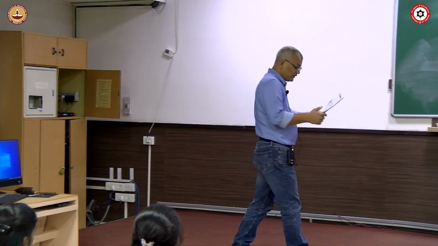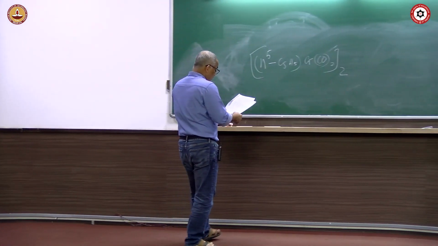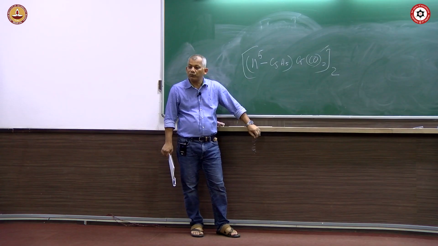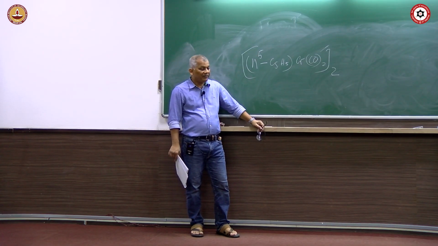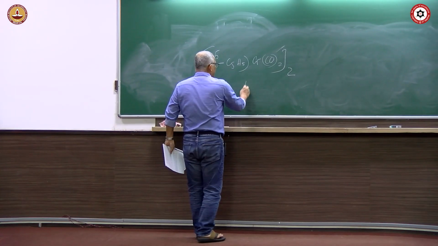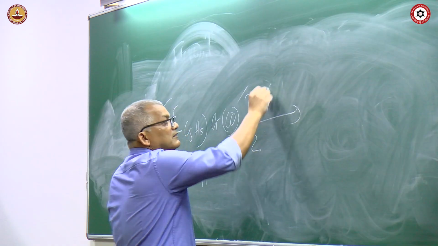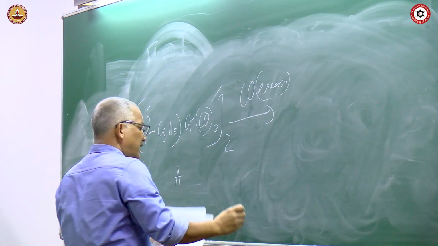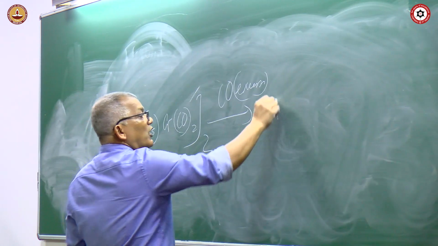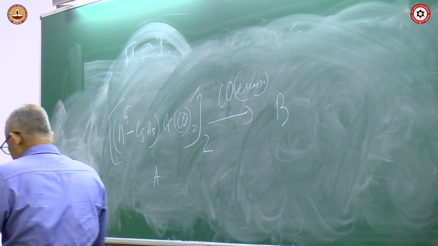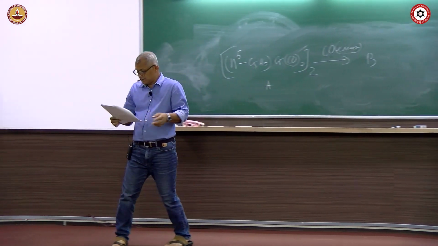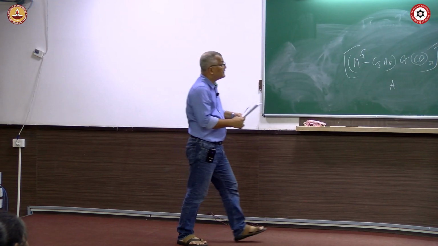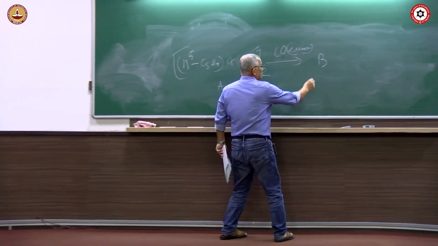On treatment with CO, so that means you are passing carbon monoxide gas, and this molecule, so this is A, with excess CO gas, you are getting molecule B, and this is also an 18 electron species.